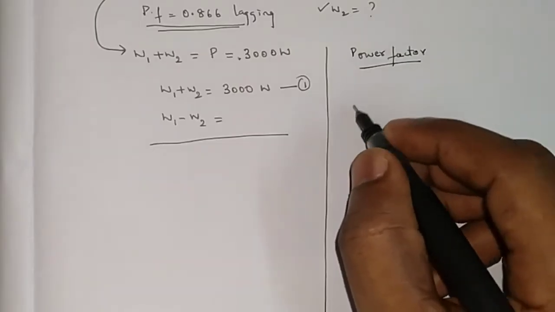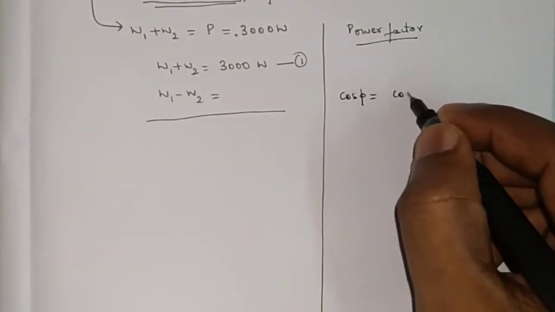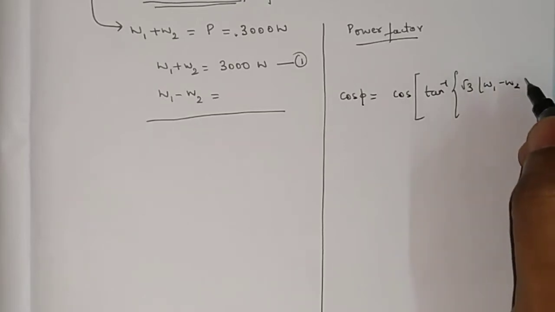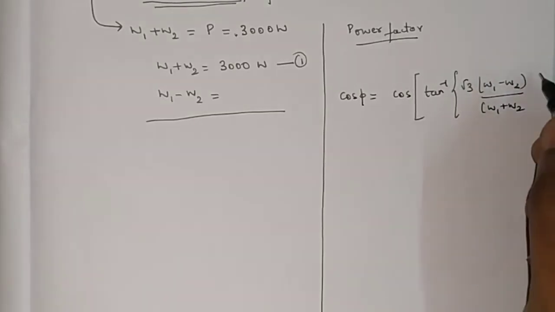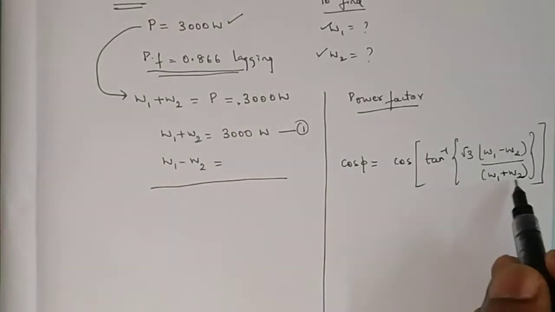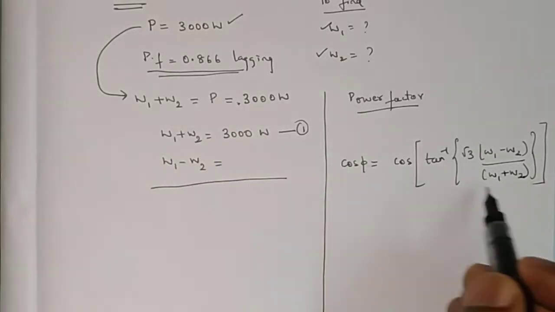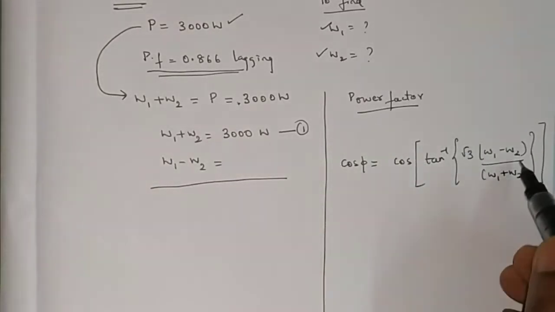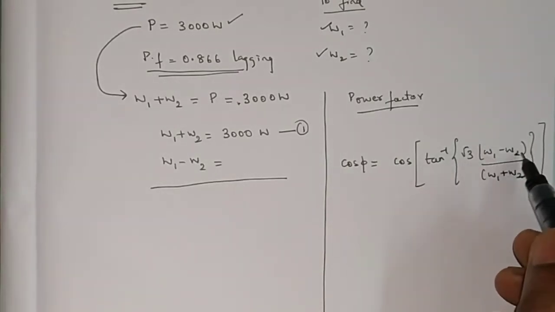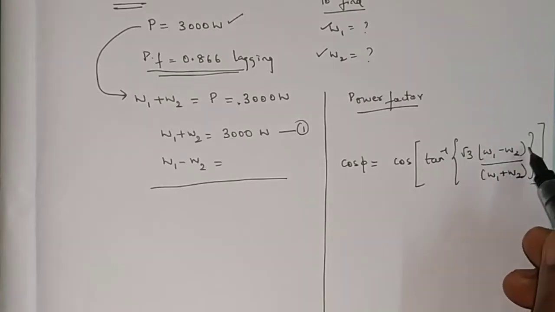The power factor formula is given as cos phi equals cos of tan inverse of root 3 times (W1 minus W2) divided by (W1 plus W2). Now from this formula, W1 plus W2 is given as 3000 watt. I can easily simplify and find the equation for W1 minus W2, which is in the numerator.